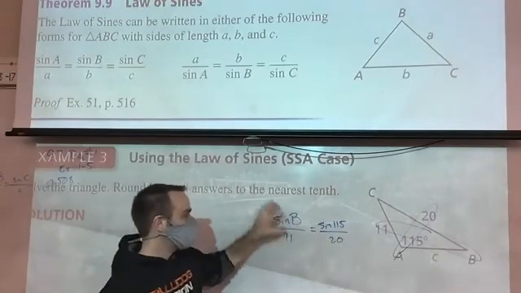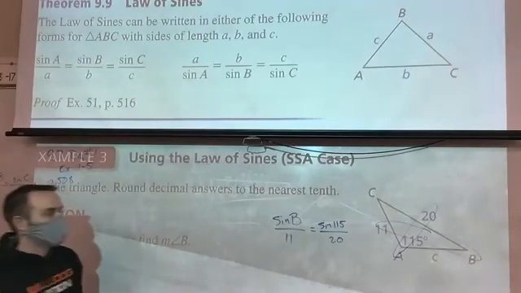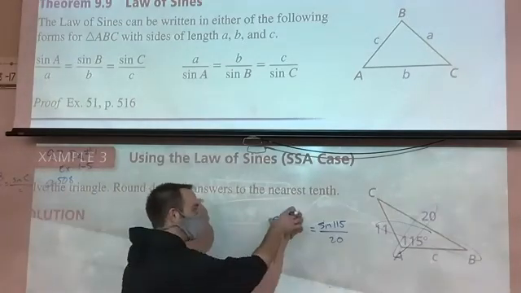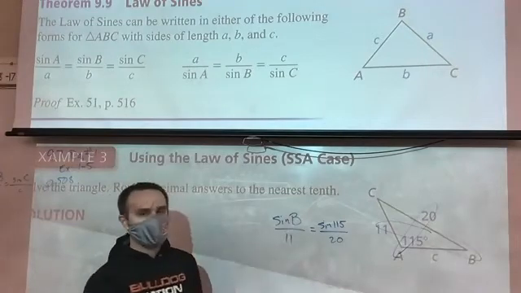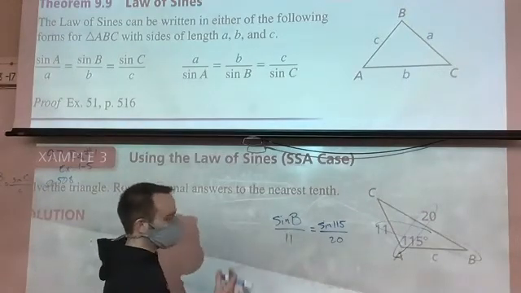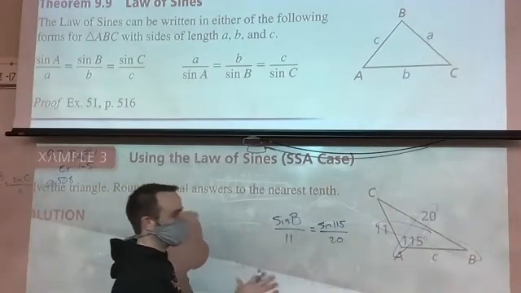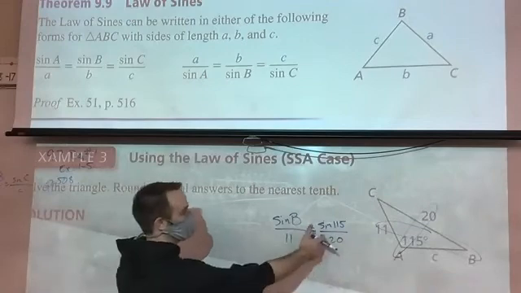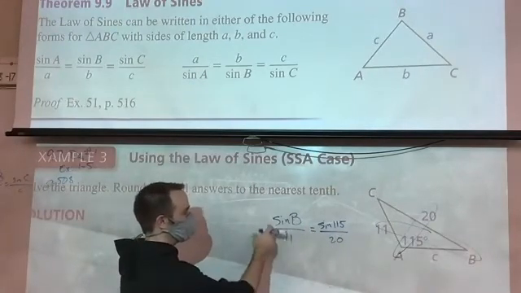So we're here, now we got to solve for that angle measure, which means we got to get that angle by itself. I could cross multiply because it is a proportion, but then I'm going to have to divide by this 20 again anyway. So instead, I've got sine B divided by 11.